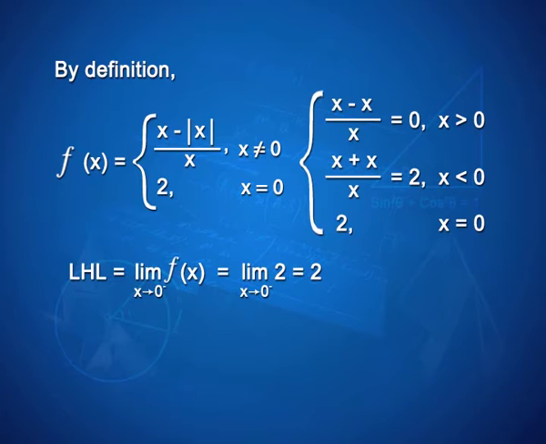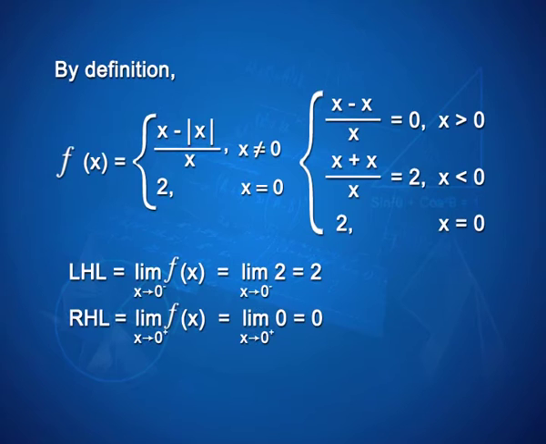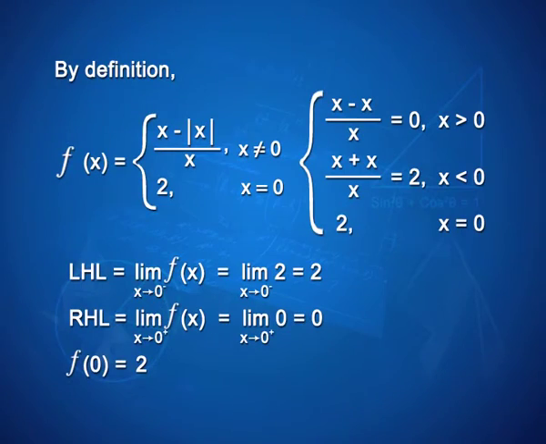Limit of 2, because when x is less than 0, f(x) is 2, and the limit of 2 no matter where x is going remains 2. Similarly, the right hand limit is the limit of f(x) as x approaches 0 from its greater side. What would that be the same as? When x is greater than 0, f(x) is 0. So, it is the limit of 0, which remains 0 as x approaches 0.